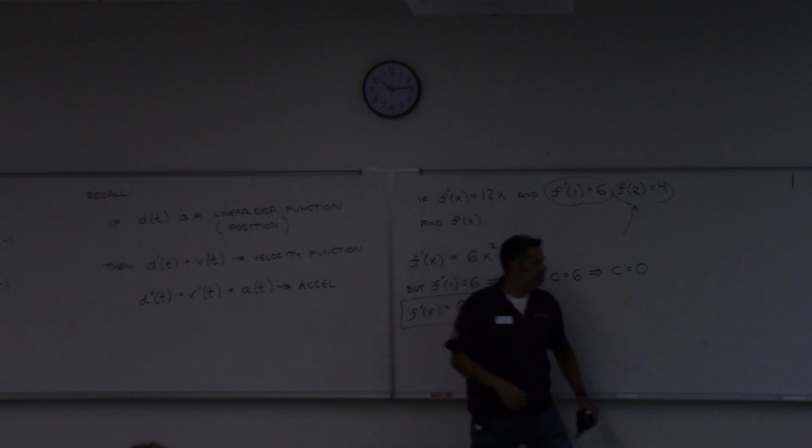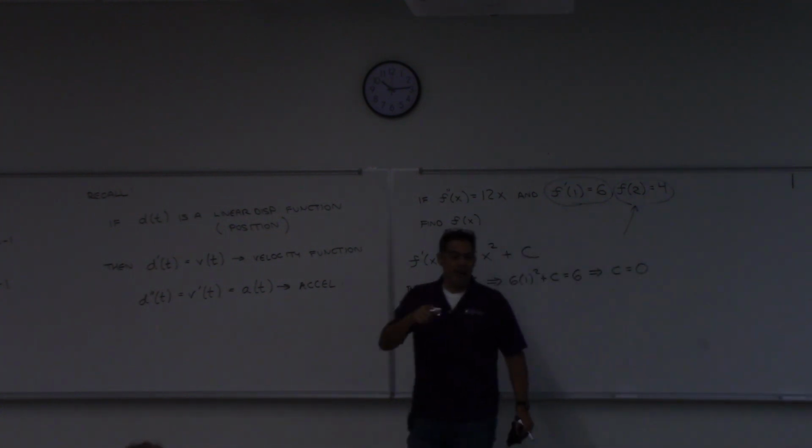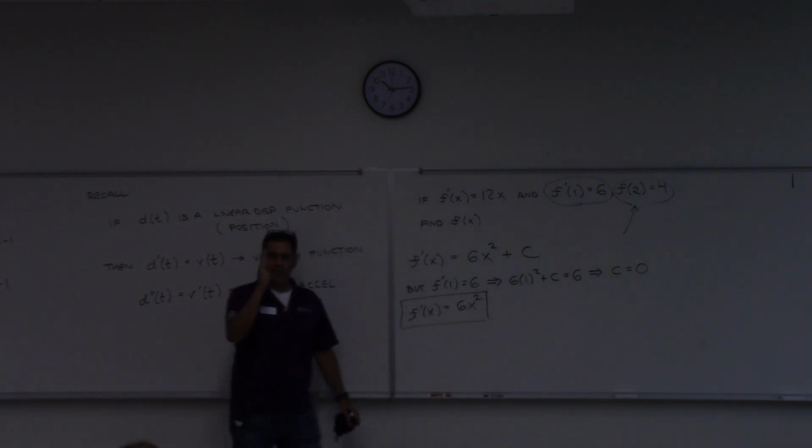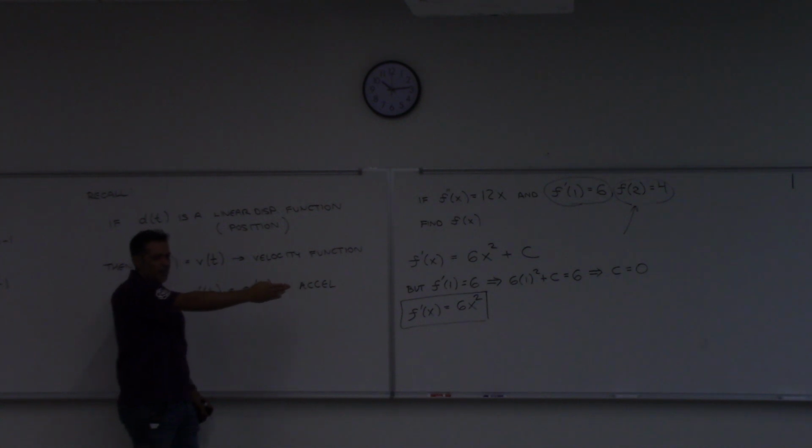Velocity is both a direction and a speed. Velocity is a vector, okay? So when you're in a straight line, it really is no different than speed.